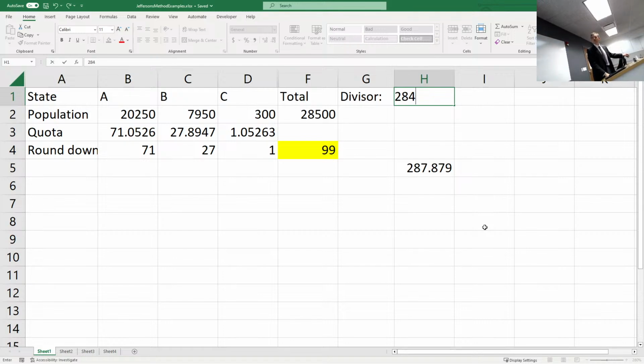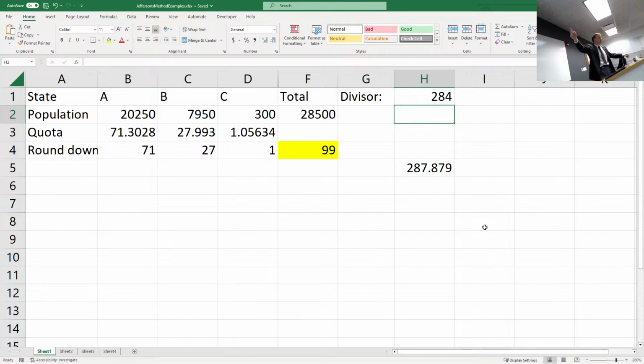When I change to 284, it's still 1.75, but notice the big state turned into 71.30. You don't have to understand the mathematics behind this, but it's a fact that Jefferson's method ends up inflating the bigger states, and the small states generally don't get as many seats as they might deserve.